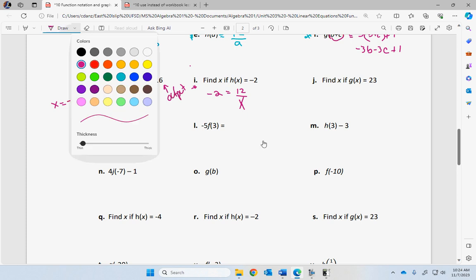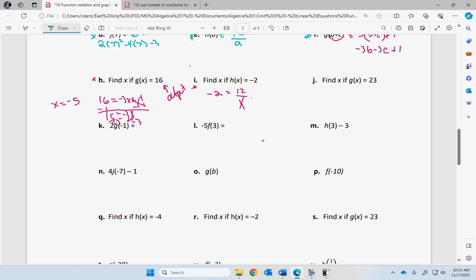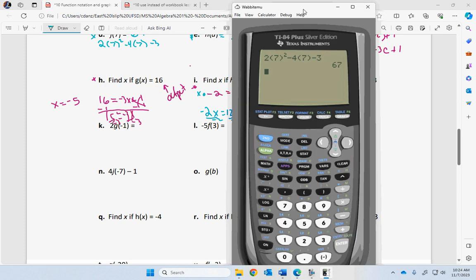I like to multiply both sides by the denominator. I'm going to multiply both sides by x, and it gets the x out of the denominator. So now I have -2x equals 12. That's much easier to solve. I could divide both sides by a -2. So x is -6.